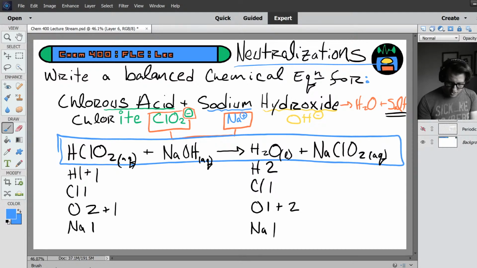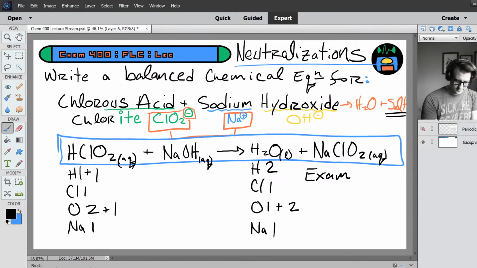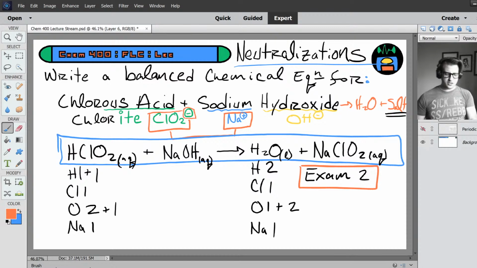A second thing that I want to point out, because you may be wondering, how can I ask you to balance a chemical equation on a digital test, right?